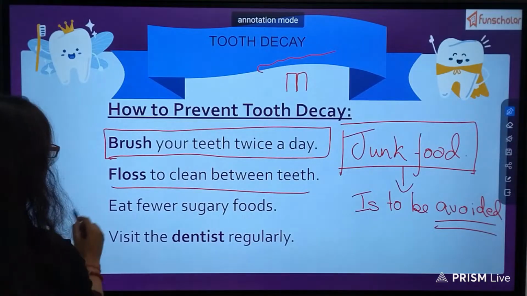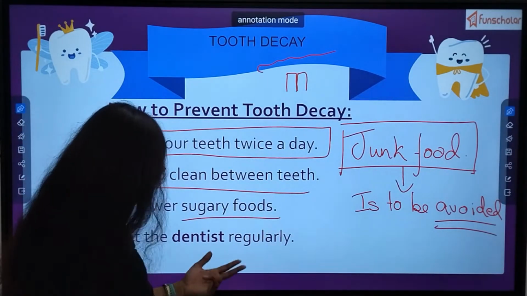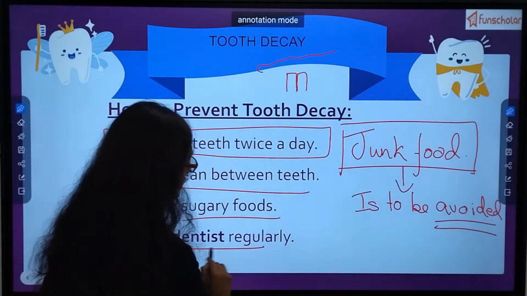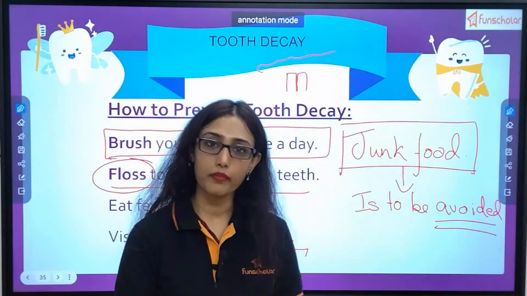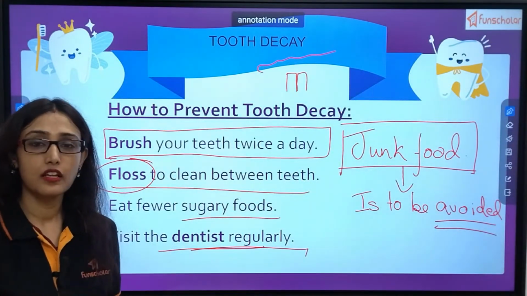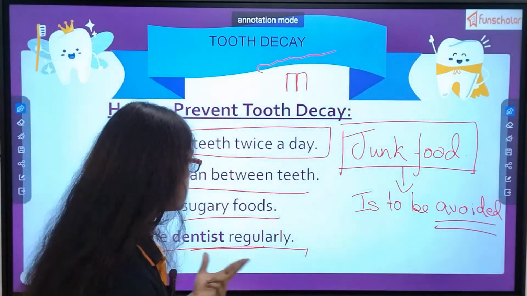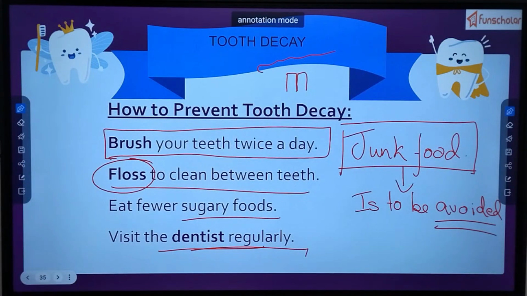So that is floss. Eat fewer sugary foods. Obviously, visit the dentist regularly. If you have any problem in your teeth, if you feel a bit of sensation, you should go to the dentist as early as possible. Okay, clear?